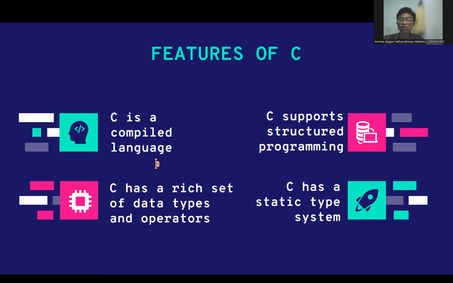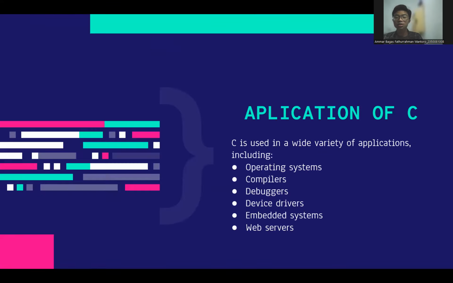This makes C code easier to read and maintain. Then C has a static type system, which means that the type of a variable must be declared before it is used. This helps to prevent errors and makes C code easier to debug. Okay. Next slide.